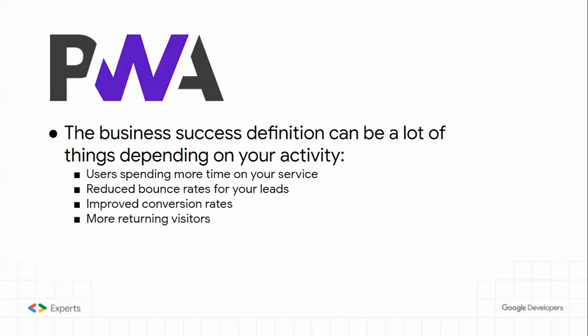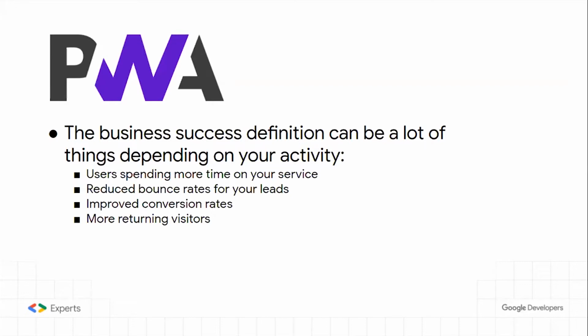Now, business success definition can be a lot of things depending on your activity, but usually the business success of a web app will most likely be users spending more time on your site or your service, or maybe reduced bounce rates. Bounce rates meaning they don't exit the site and go elsewhere.